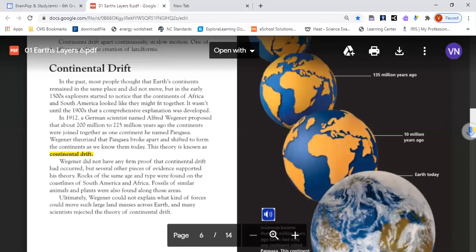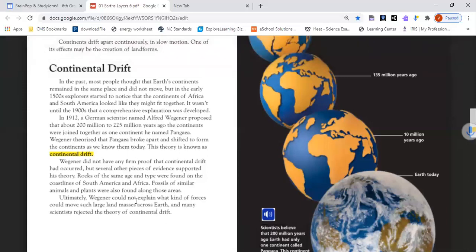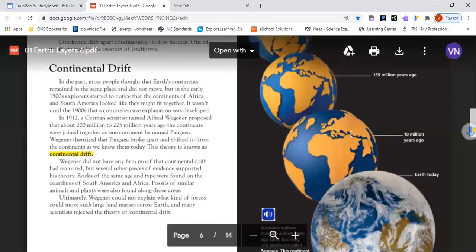Here he could not explain to the scientific group whether these pieces could fit together, and if they fit, how. Hence his theory was rejected.